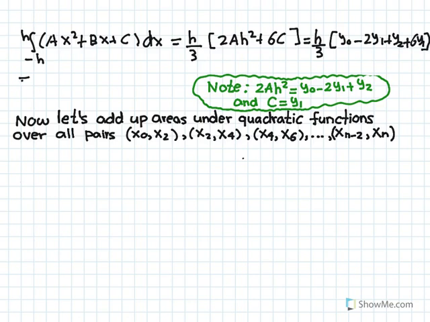Let's rewrite this. We get h over 3 times y0, and here we have minus 2y1 plus 6y1, that gives us 4y1, plus y2.